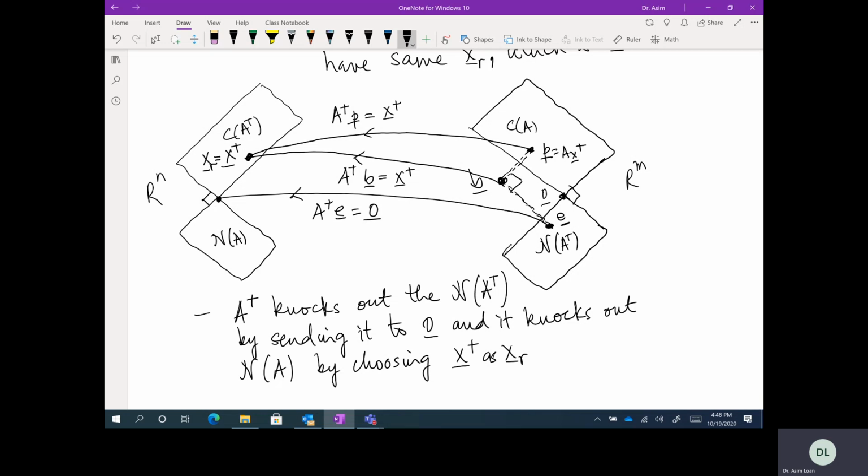So this is the row space component. This is always of minimal length because there is no null space component with this one.